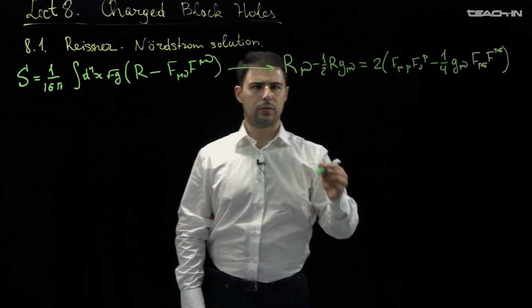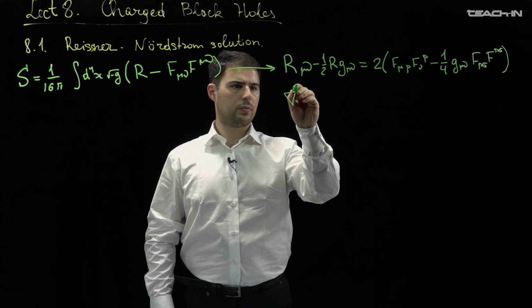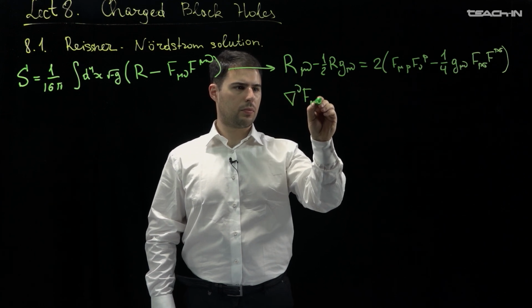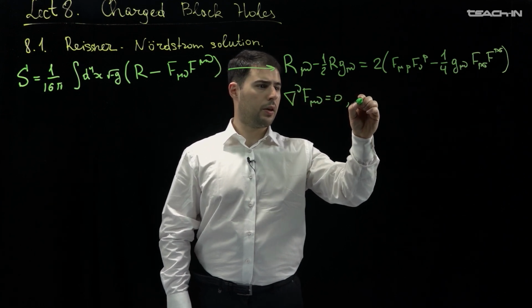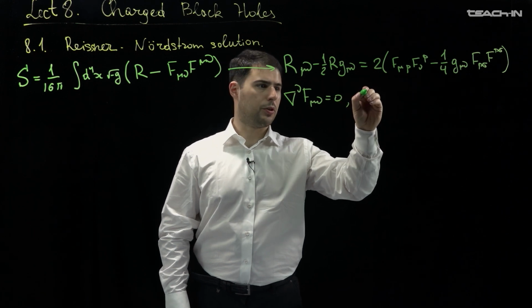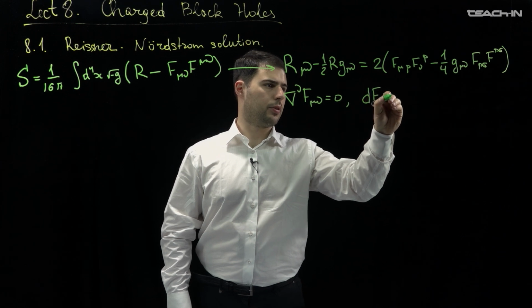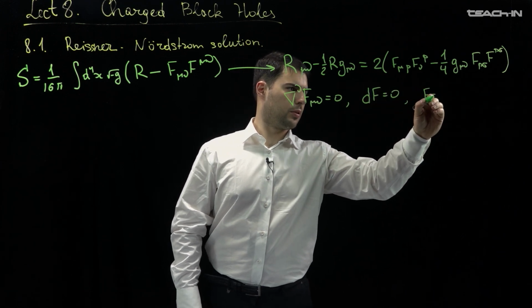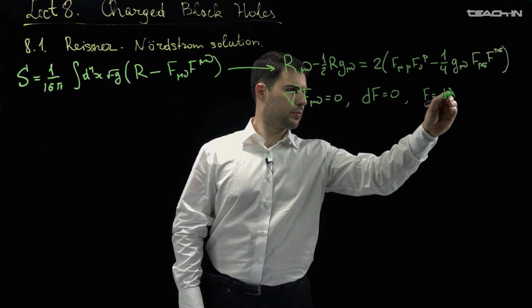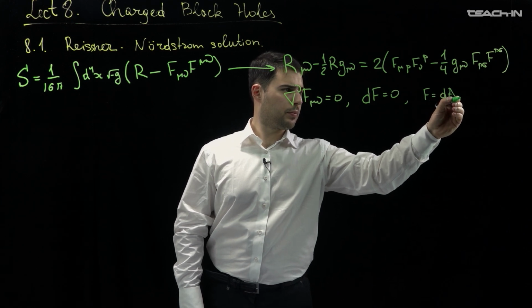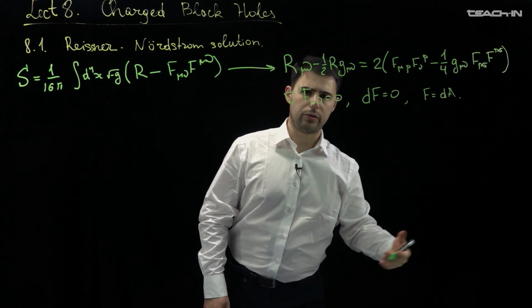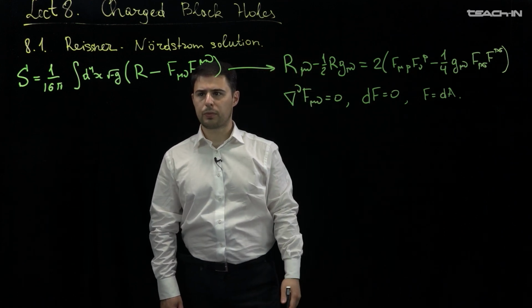And the Maxwell equation. F itself is a closed one-form, so we naturally have dF equals 0. And F is the exterior derivative of the gauge potential.